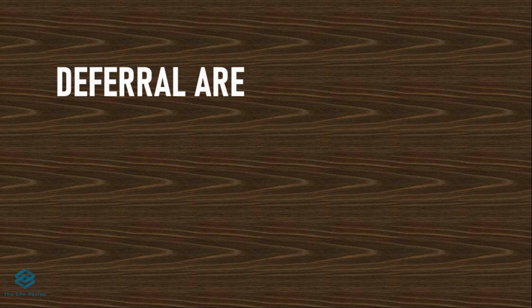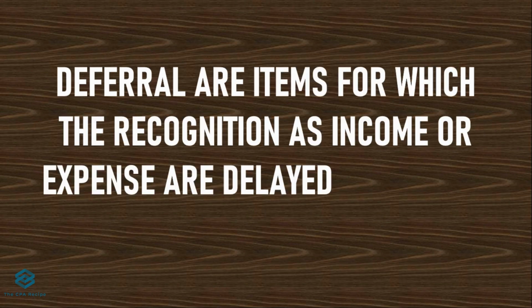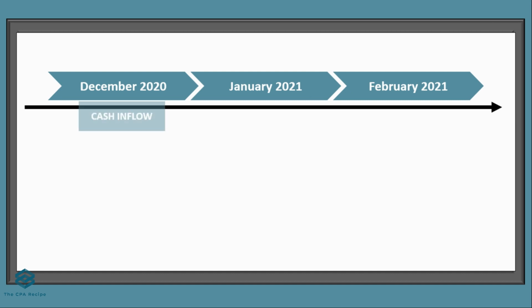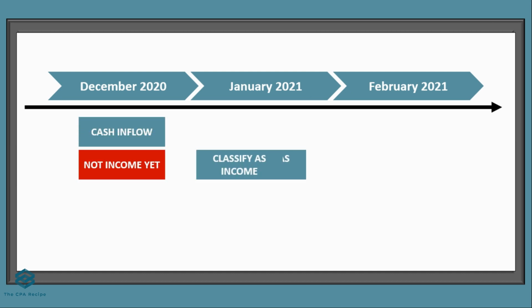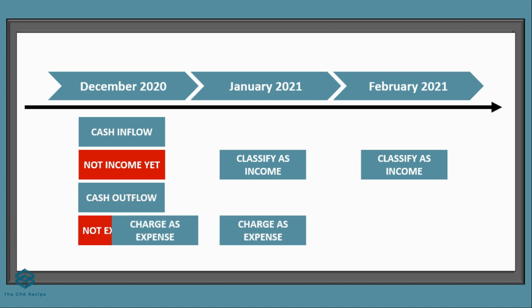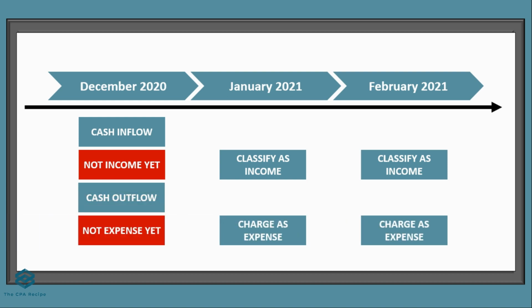Ang recognition or treatment ng isang transaction as either income or expense. Ibig sabihin, for instance, Dud Parechong, no? Ang cash inflow ay dinidelay mo ang pag-recognize as income at ang cash outflow ay dinidelay mo ang pag-recognize as expense. Kung delayed ang recognition as income or expense, ibig sabihin, nauna ang related cash flow.